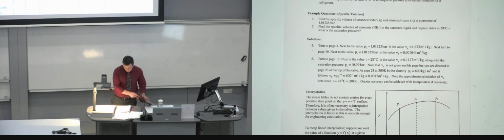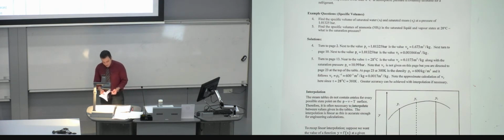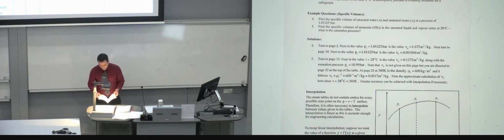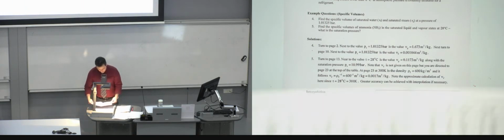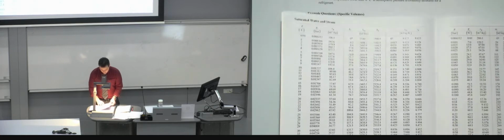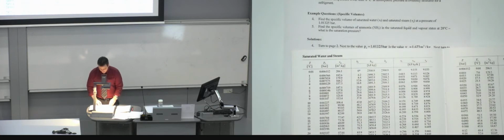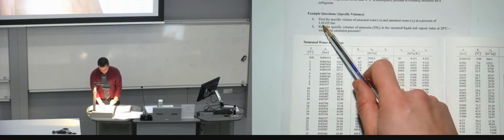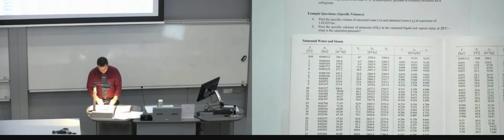So I'm going to go back to the H2O pages, which start from page 2. One thing you would notice is that the specific pressure which is given to us, 1.01325, is something that you will find at the bottom of this table.